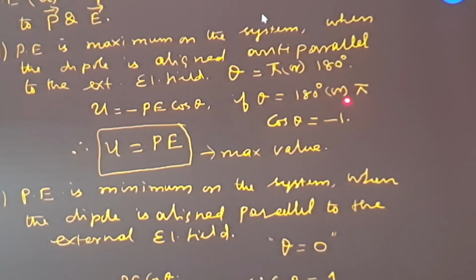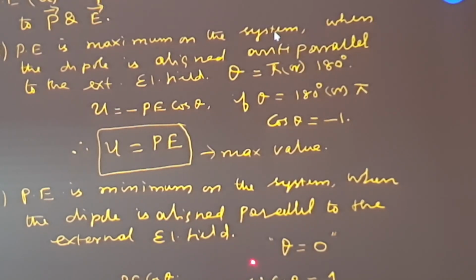When the dipole is aligned anti-parallel, the amount of rotation θ should be equal to 180 degrees, that is π. Then cos 180 is equal to minus 1. So instead of cos θ, putting minus 1, the potential energy is equal to PE. That is the maximum value.